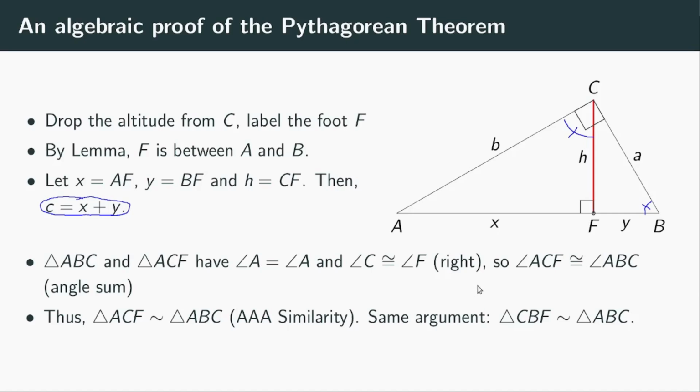Okay, we're going to play the same game on the one here to the right of my altitude. So that's this triangle here, CBF. And CBF, by the same argument, is going to be similar to the big triangle ABC.